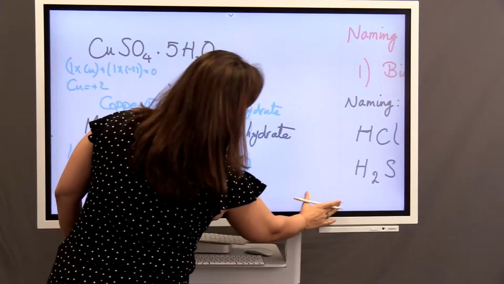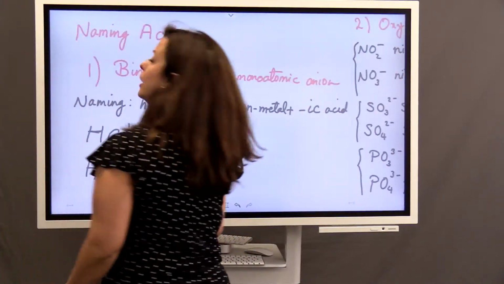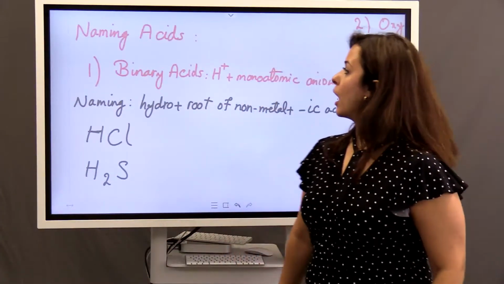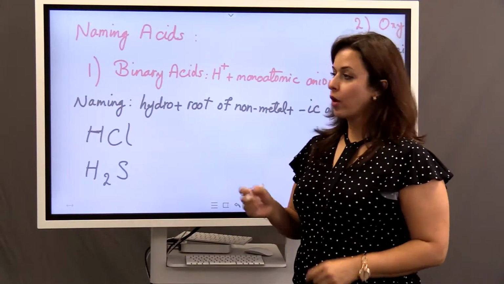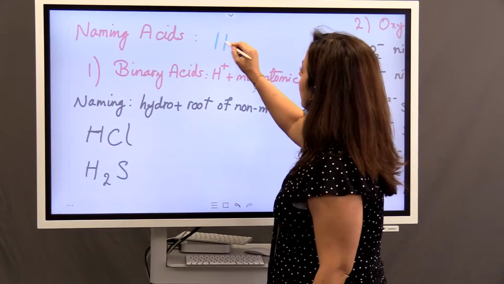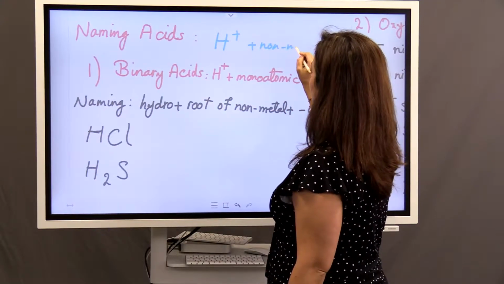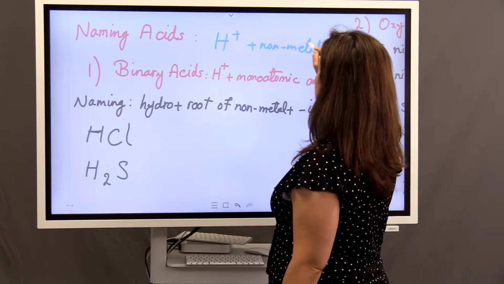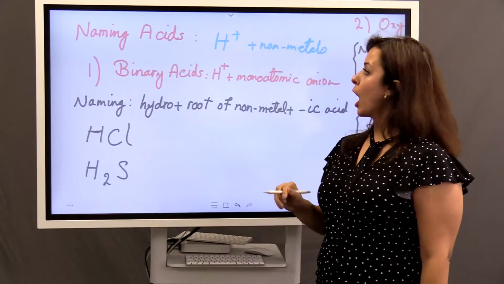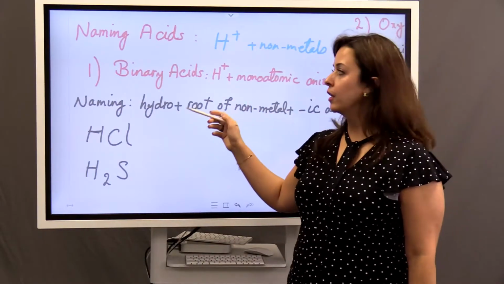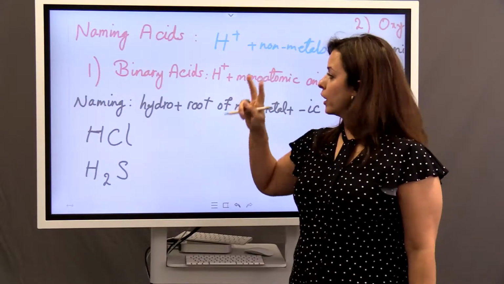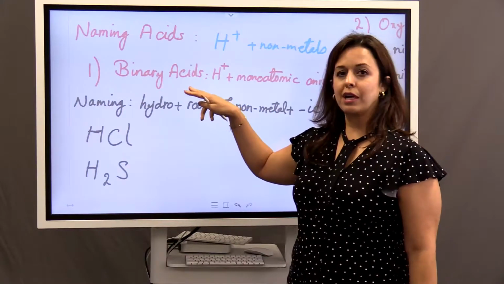So the last part of our naming is how to name acids. Acids, as you know, are composed of hydrogen ions plus nonmetals. Based on how many atoms we have in acids, we separate them into 2 types of acids.